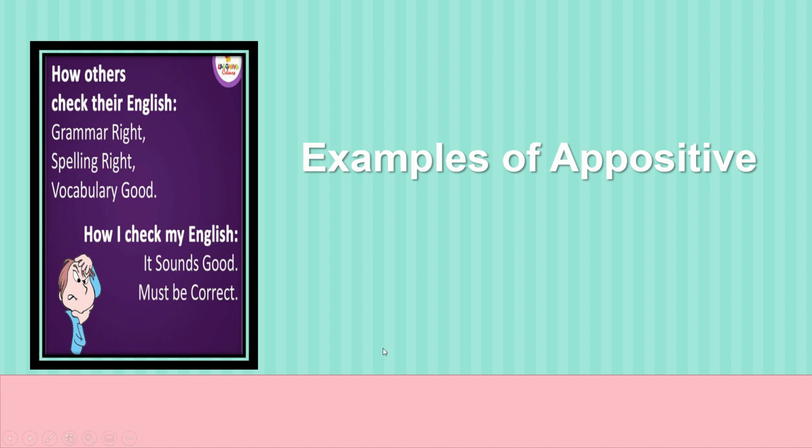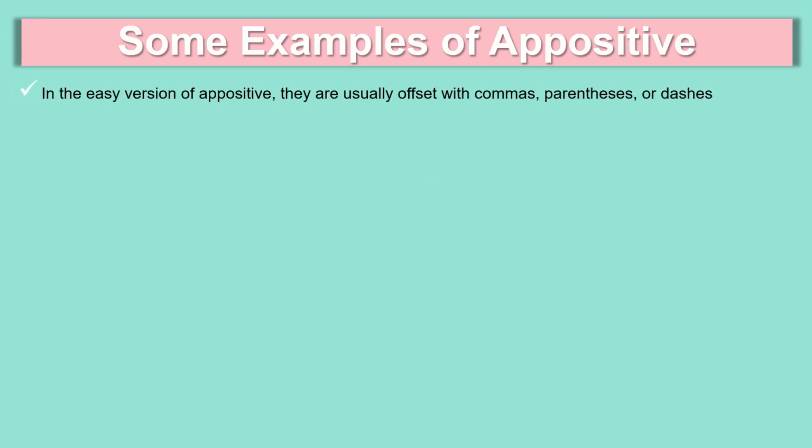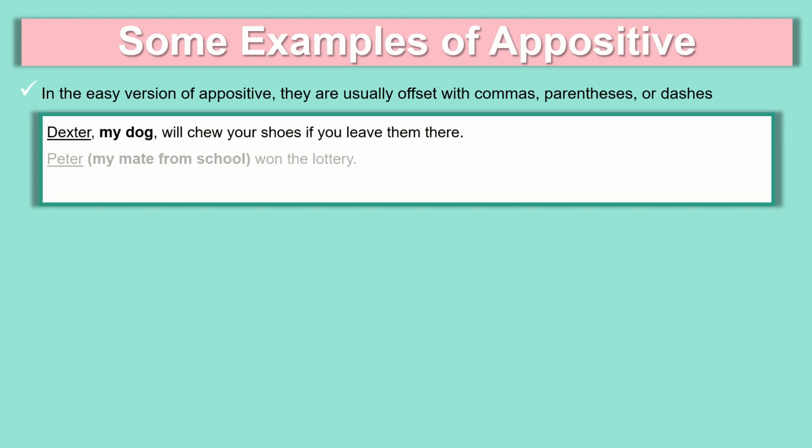And now, let's see the examples of the appositive. In the easy versions of the appositive, they are usually offset with commas, parentheses, or dashes. Yes, the appositive is not only placed within the commas, but it also may come within the parentheses or within dashes. Look at this sample.